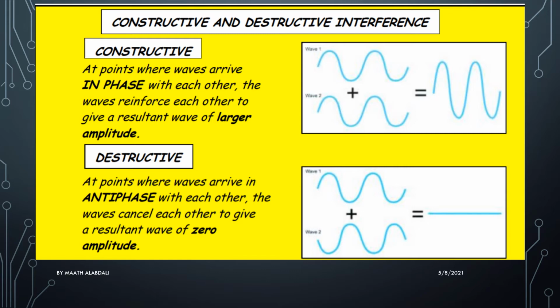In constructive interference, the waves are separated by a whole number of lambda. And in destructive, they are separated by odd numbers of half lambda. So in destructive interference, the waves are in antiphase and give a zero amplitude, and in constructive interference, they give a larger amplitude. That's basically it.